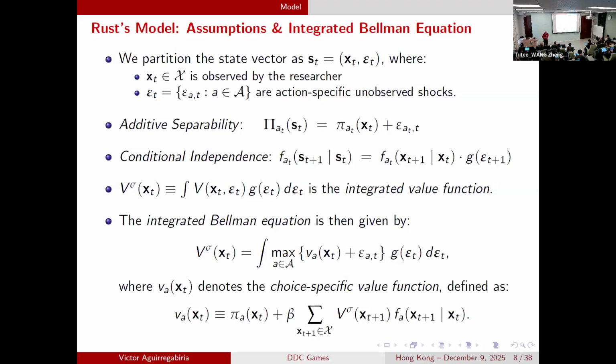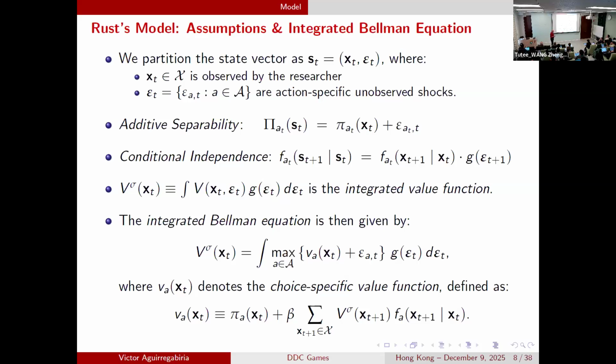Let's see this again. The two key assumptions of Rust's model are additive separability and conditional independence. We consider that these epsilons, which are unobservable, are additively separable. Now a small pi represents the deterministic, observable part of the payoff function. Then we have conditional independence.